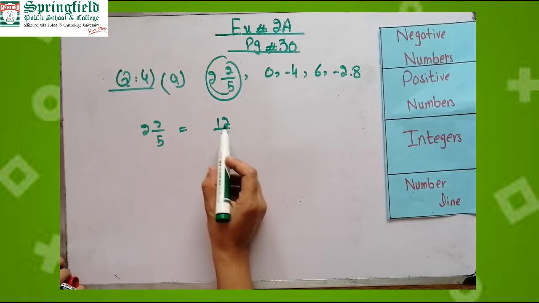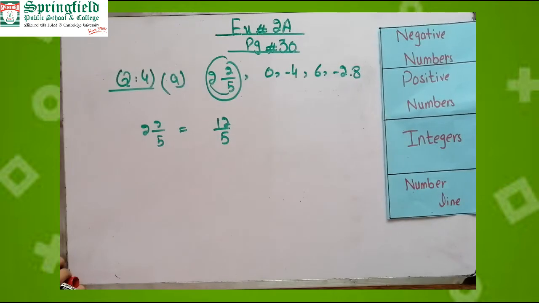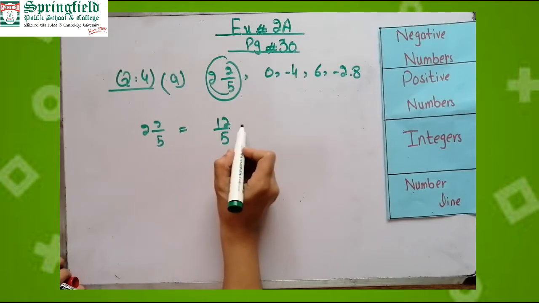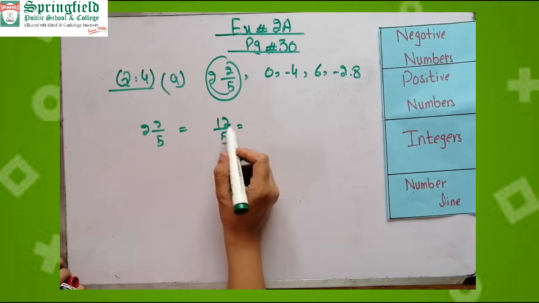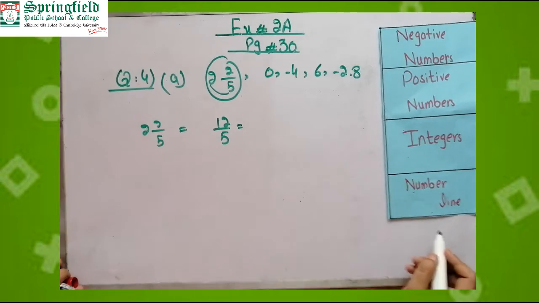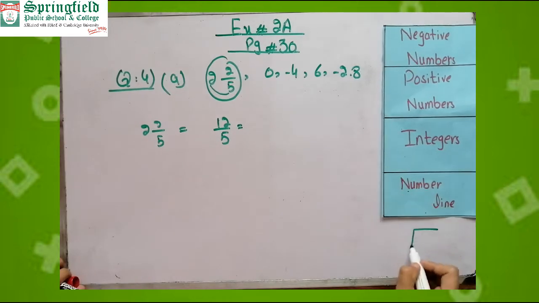Now we can convert into the decimal form. We will convert into the decimal form. When we divide 12 divided by 5, what will be the answer? 5 2s are 10, then 2, put the point, 0, 5 4s are 20.